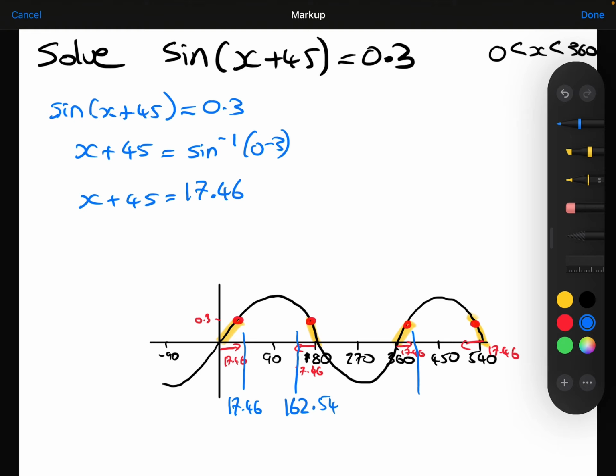This answer up here is going to be 360 plus 17.46, which gives 377.46. And this answer over here is going to be 540 minus 17.46, which is 522.54. So these are all of the answers for when the sine graph is equal to 0.3.